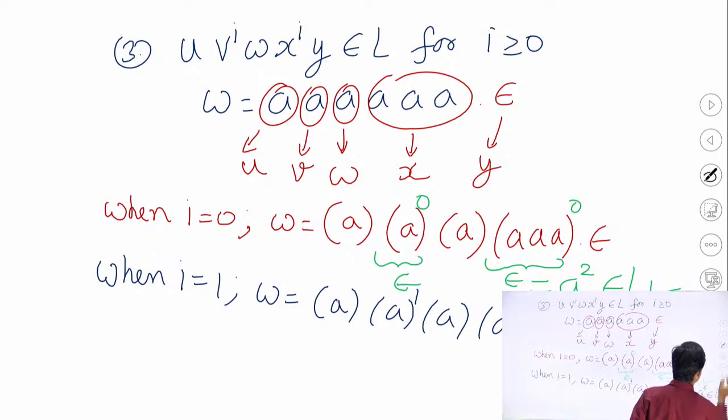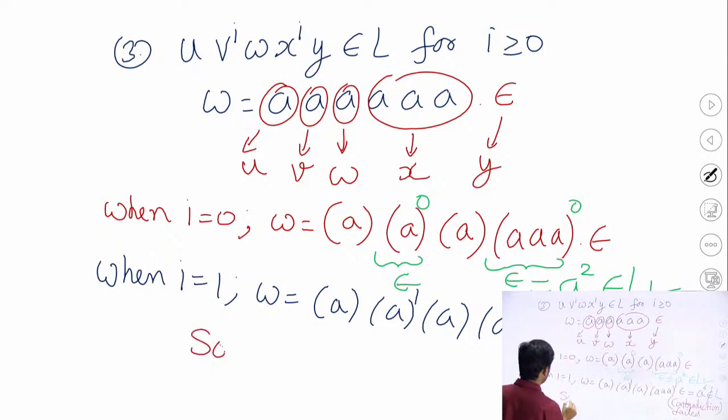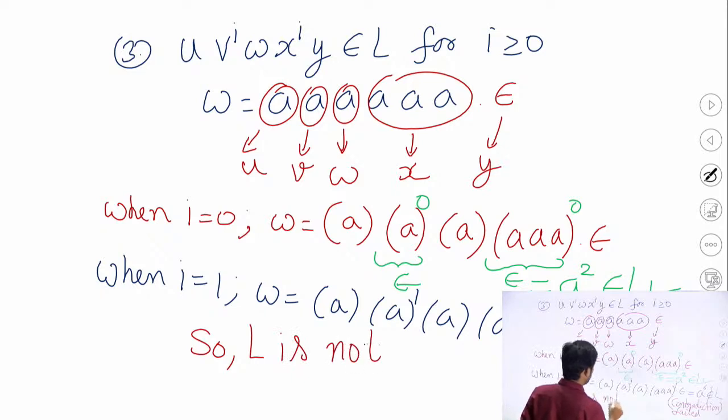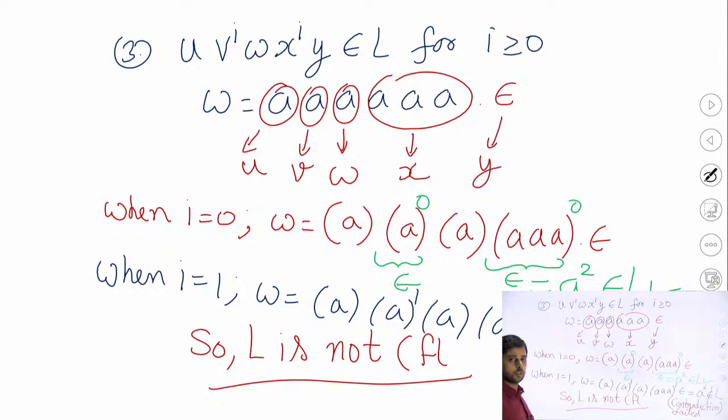This does not belong to language L. So here is a contradiction, because the pumping lemma test failed. So we can say that language L is not a CFL. Okay, thank you.